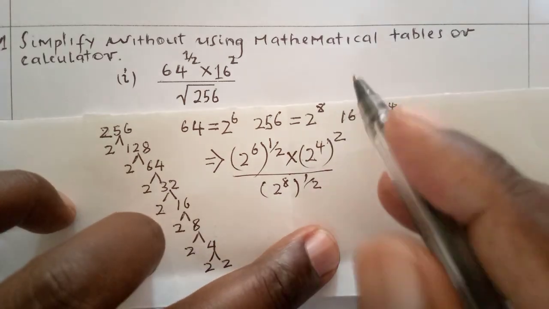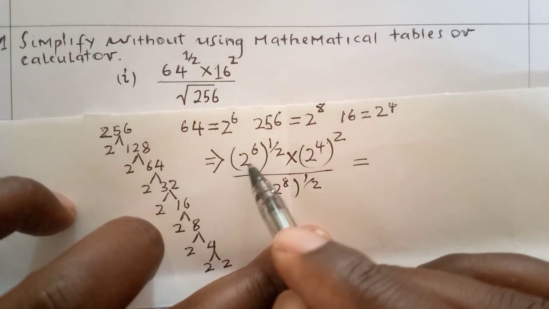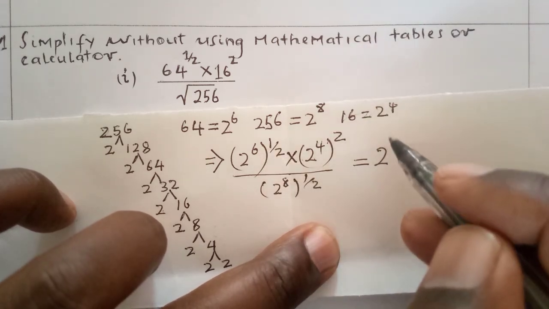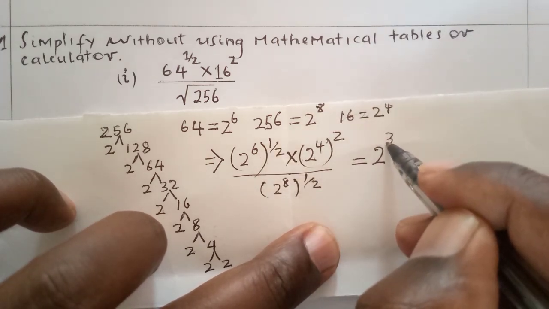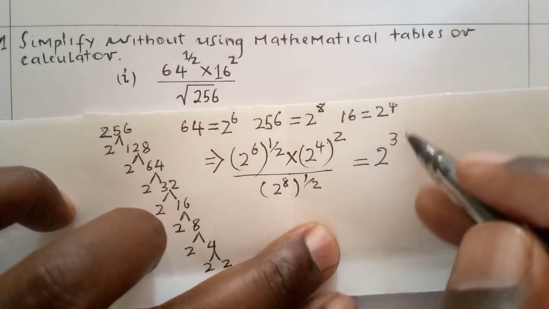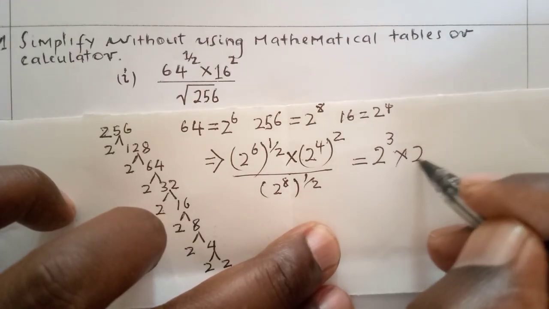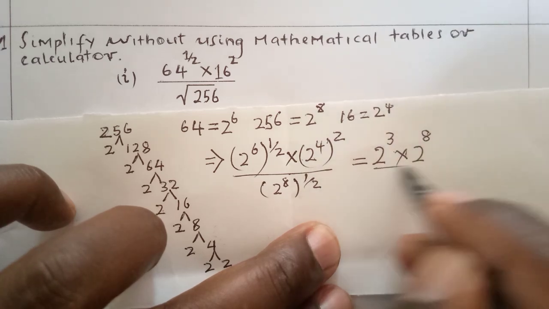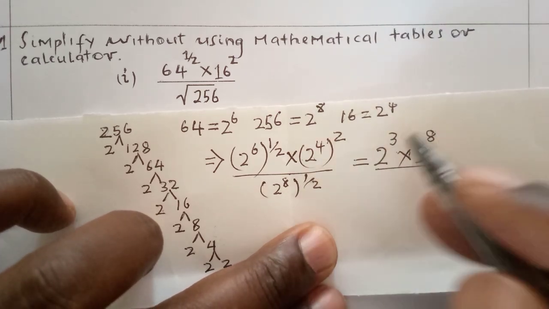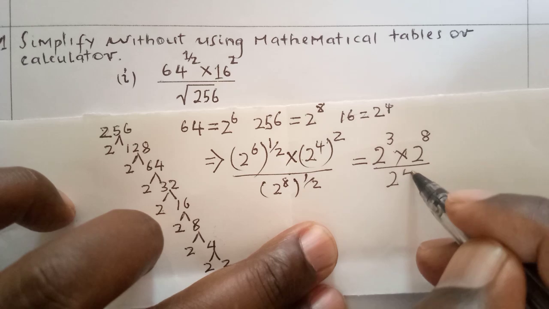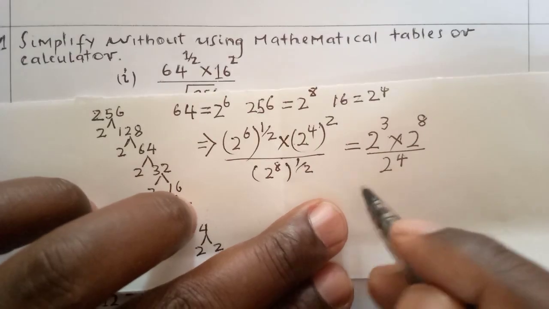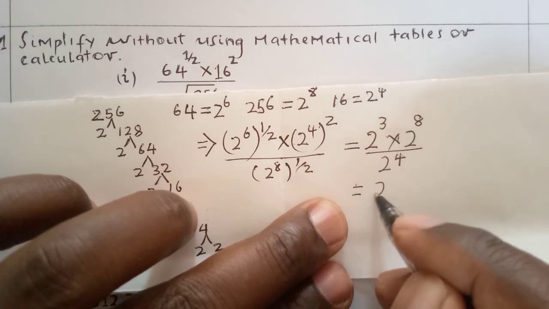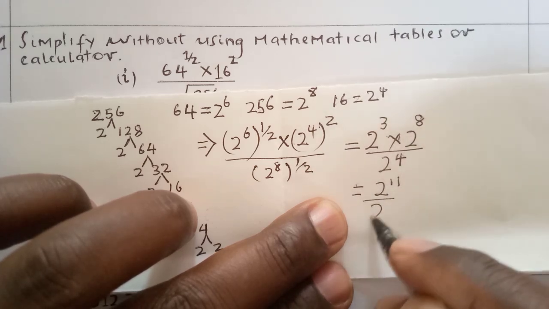So using the laws of indices, this one is going to be 2 raised to 6 multiplied by a half, that is 3. Then times 2, 4 times 2, that is 8. Divided by 8 times a half, that is 2 raised to 4. So finally, for the upper one, it will be 3 plus 8 is 11, all over 2 raised to 4.